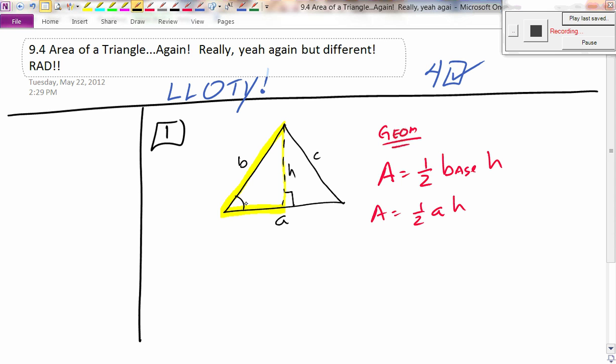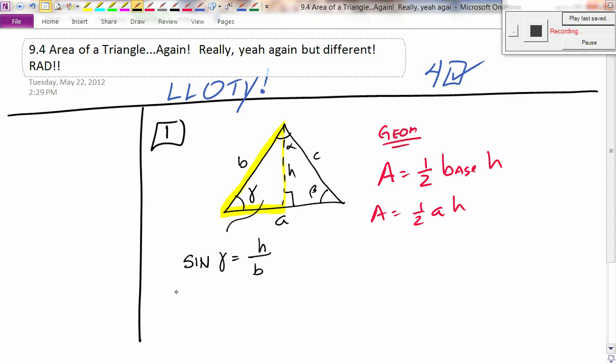Well, this angle would have to be gamma because it's across from C. This angle over here would have to be beta, and that one would have to be alpha. In this one, I could say the sine of gamma is equal to H divided by B. You guys agree with that part?